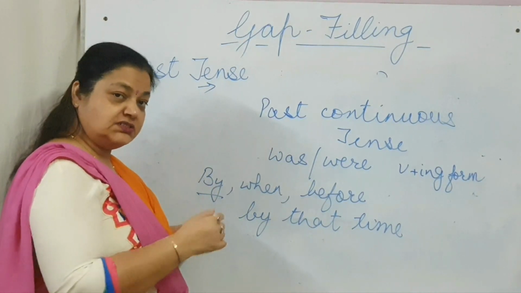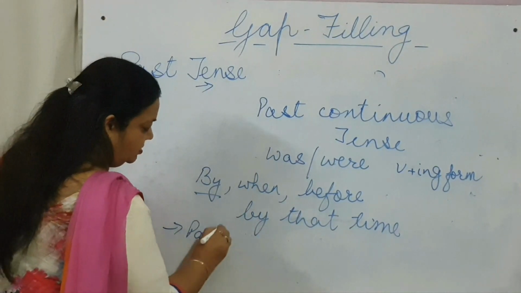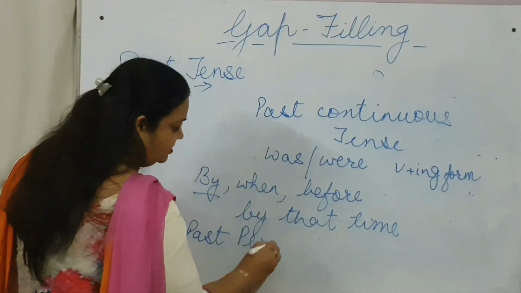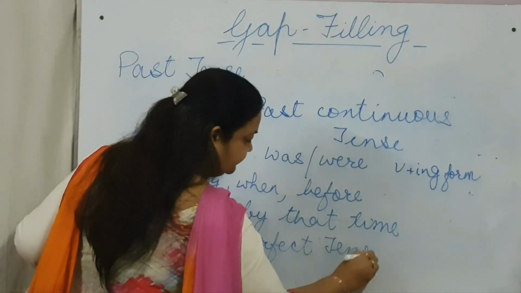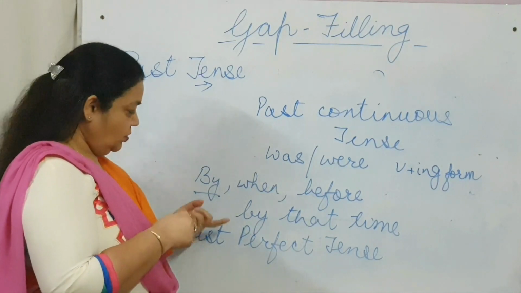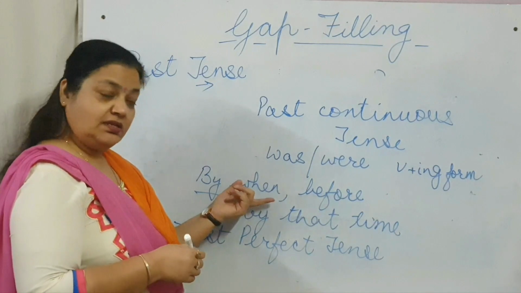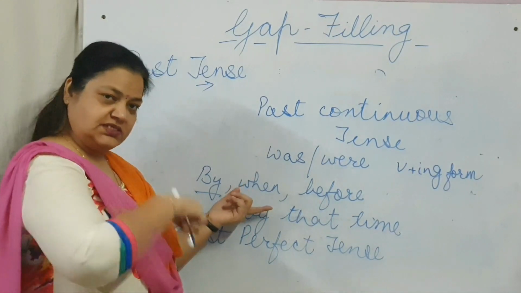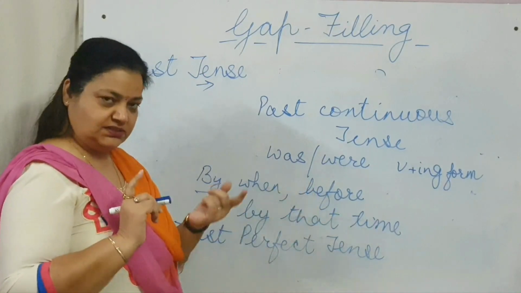So for the first action, we use past perfect tense. So by that time, this had already happened, when the next action took place, this had already happened before the next action took place.